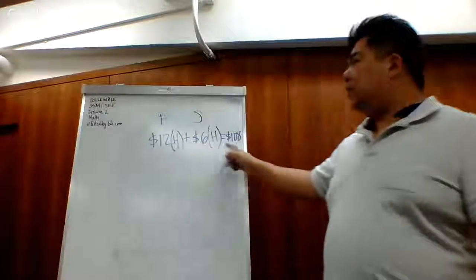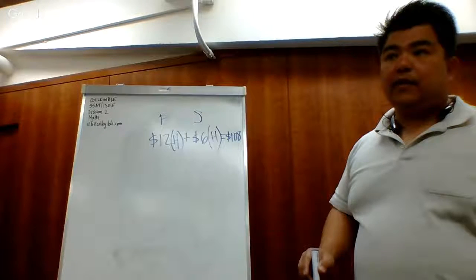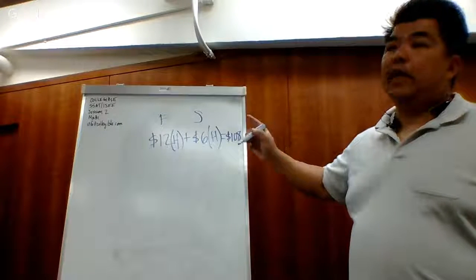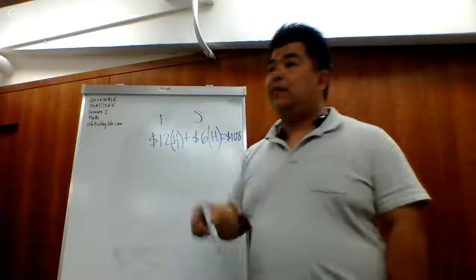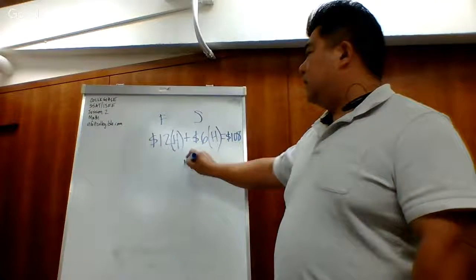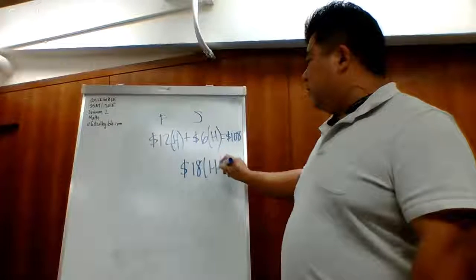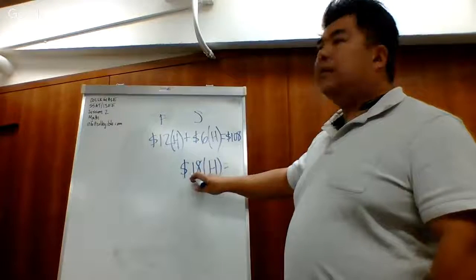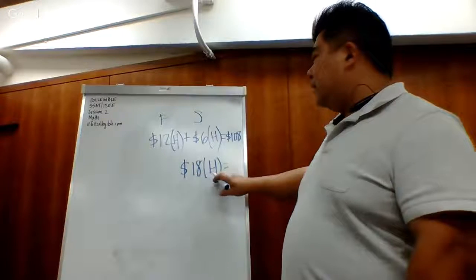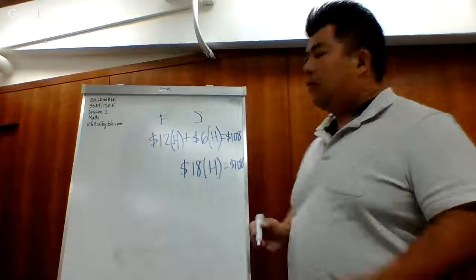If you could do this, you'll figure out how they add up to 18, right? I mean, not 18, but to 108, okay? Henry? Well, yeah, so we have 18. 12 times 18 would be already more than 108. Right, so you have $18 times the number of hours. It's going to equal 108, okay?